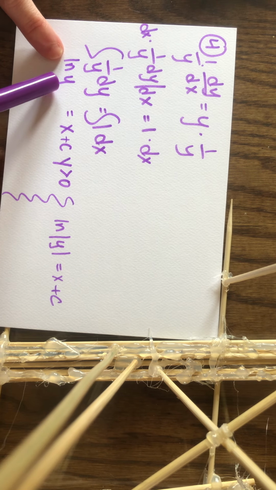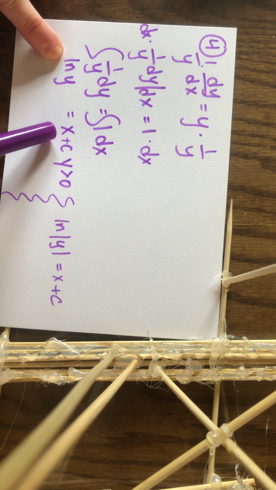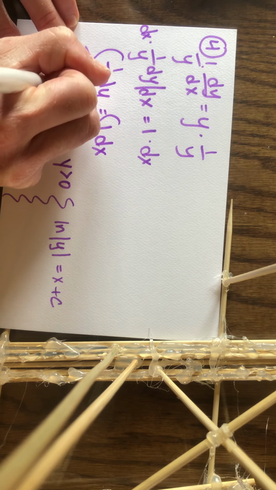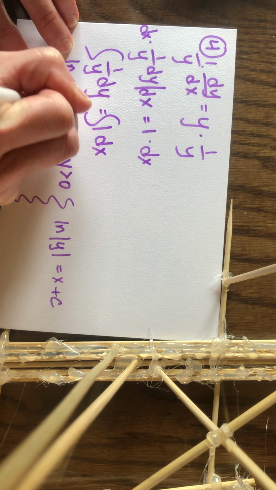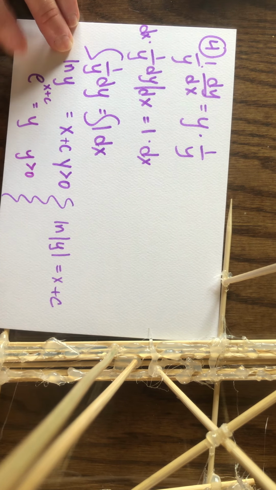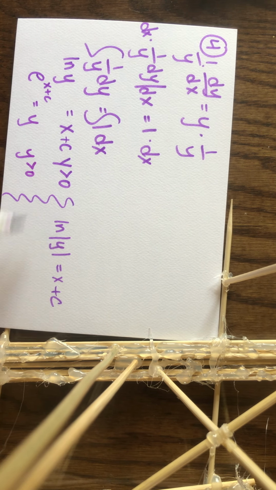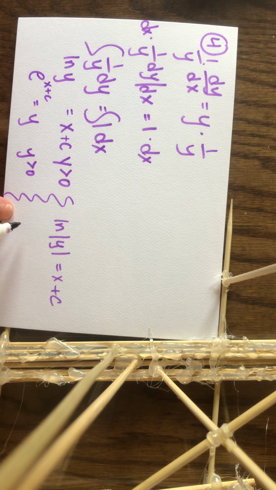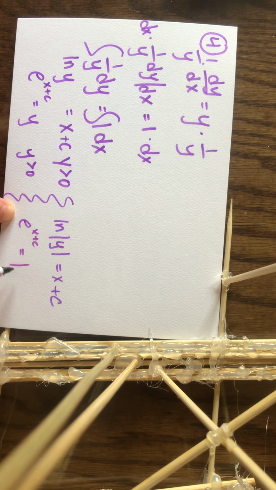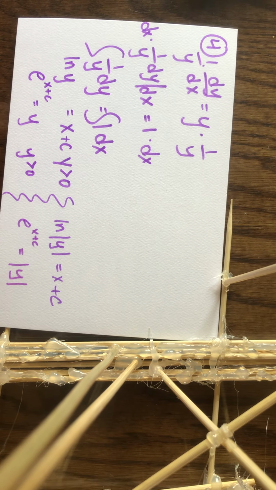So the natural logarithm of y equals x plus c is another way of saying e raised to the x plus c equals y, where y has to be greater than 0. Likewise, I could take my solution over here and write it in a similar way, that e raised to the x plus c equals the absolute value of y.